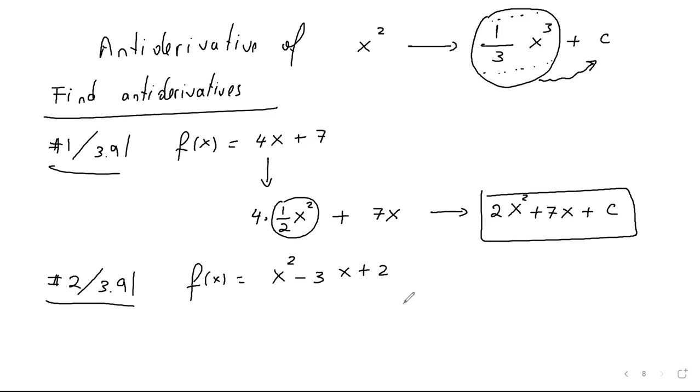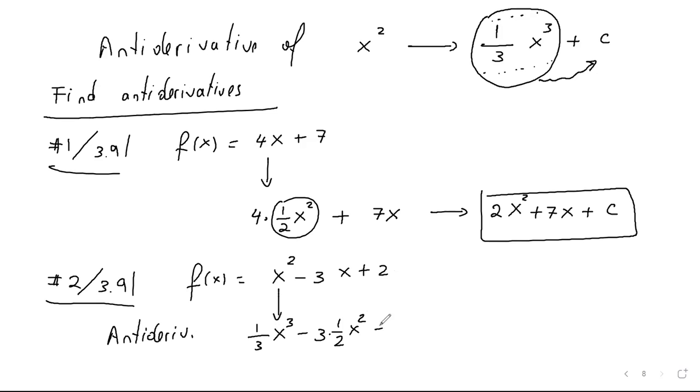All right, so that's the antiderivative. Again, for x squared, we have x cubed times 1/3, right, folks? For minus 3x it is minus 3 times the antiderivative of x, which is 1/2 x squared.